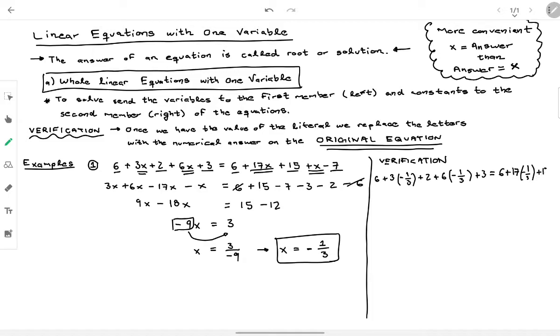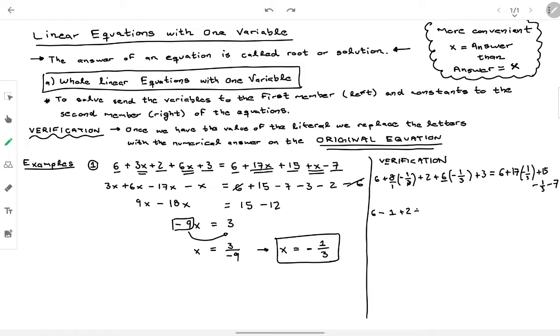plus 15 plus, it will be minus 1/3 minus 7. So let's see, in this part we will get 6. It will be 3 that multiplies minus 1/3. 3 and 3 will eliminate, so it's going to be minus 1. Then it's going to be plus 2 plus 6 that multiplies minus 1/3.